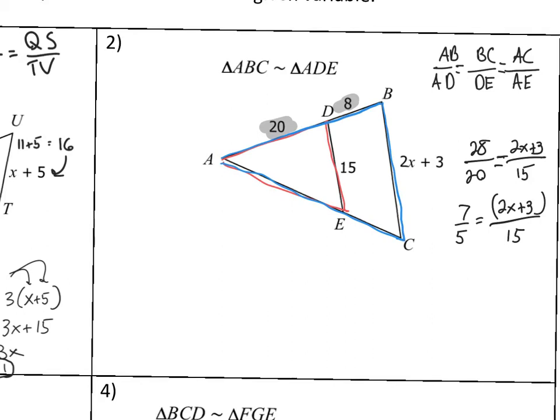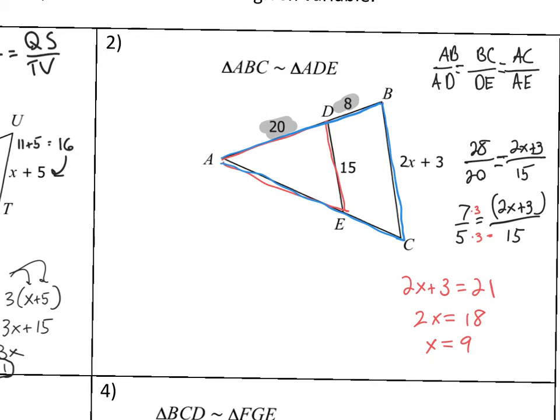We could find the cross product on this one, but I'm actually going to just multiply 7/5 times 3, because I know 5 times 3 gives me 15. 7 times 3 will give me 2x plus 3, so 7 times 3 is 21. So 2x plus 3 equals 21. 2x will equal 18, and x will equal 9.